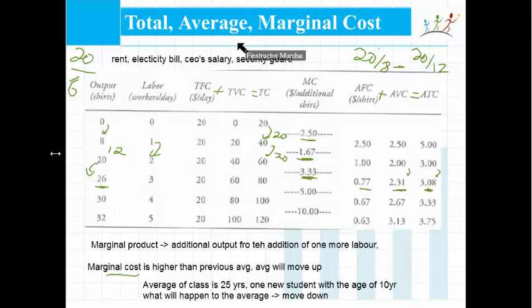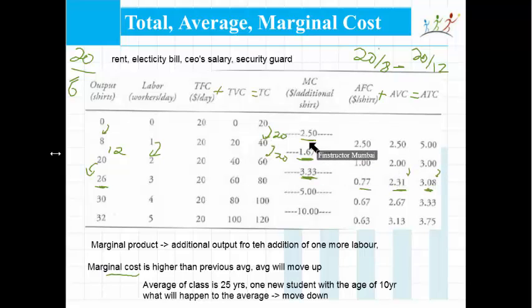If the marginal cost is lower than the previous average, then the average will move down. Now it will move up, but it won't become 50, or it won't move down to 10. It will come down from 25, but it will not be equal to the marginal, because there is the whole base of previous students as well. So that's what's happening here as well.